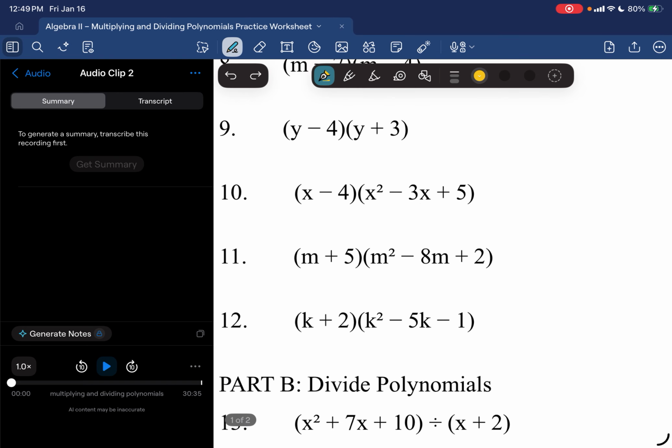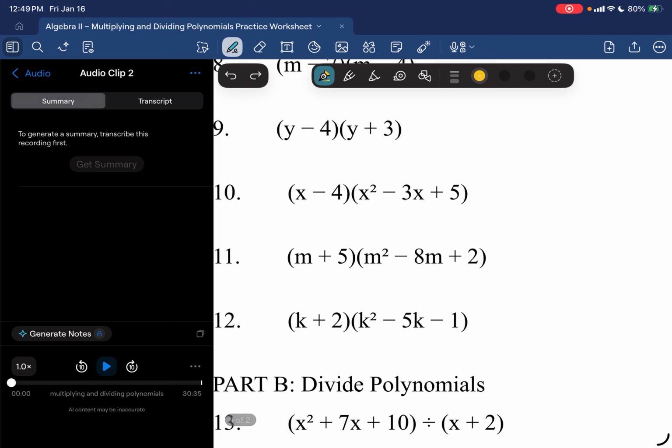The answer to number 10 should be x cubed minus 7x squared plus 17x minus 20. Number 11 should be m cubed minus 3m squared minus 38m plus 10. Make sure you showed your work.